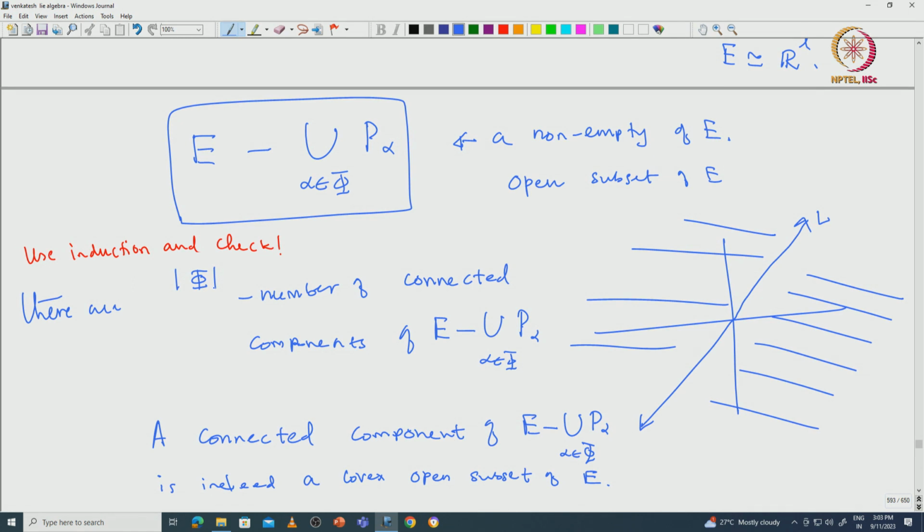And then if you keep removing, by induction you see that the components we keep getting will be convex open subsets. And these connected components will be called Weil chambers.